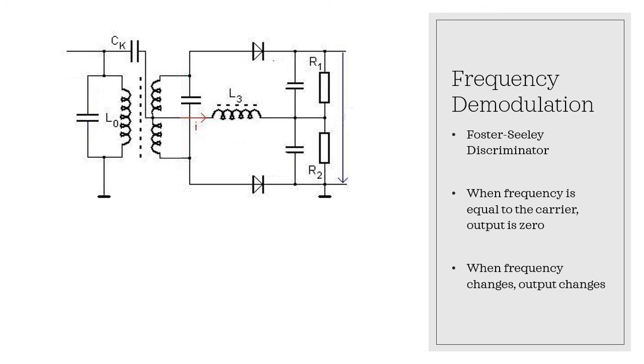So this one is a somewhat complicated circuit, but the basic point is you have two frequency filters that, when you're at your default carrier frequency, are equal to each other, and so when you take output across both of them, they cancel each other out. And then when you change away from your default carrier frequency, one begins to overpower the other. You get a positive number or a negative number, and then if your carrier frequency is going the other way, you get the inverse effect. The other one becomes positive and the first one becomes negative.